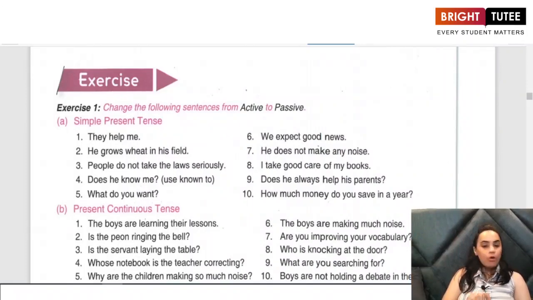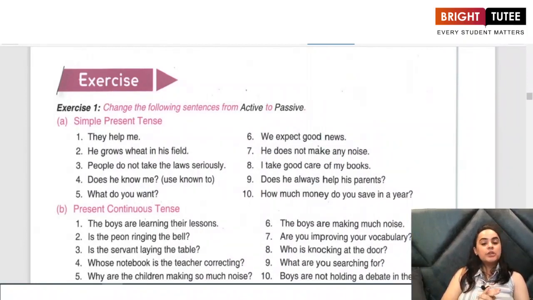And if there is no object given to you, then understanding the mood of the sentence, whether the speaker is giving a command or making a request or an order, you will change the sentence to you are requested to or you are advised to, and so on and so forth.